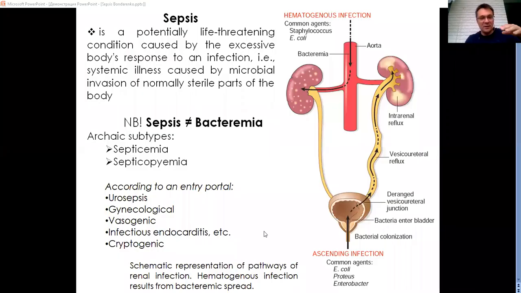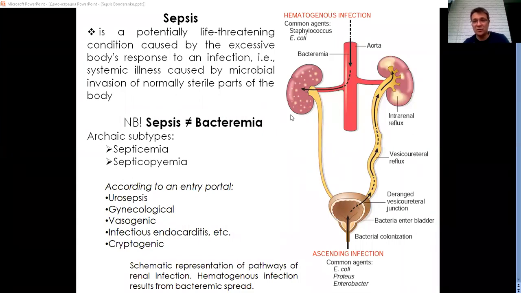So, once again, septicemia is basically associated with an excessive systemic inflammatory response. In contrast to that, septicopyemia is traditionally associated with the dissemination of microabscesses around the body in different parenchymal organs, as you may see on this image in the kidney.